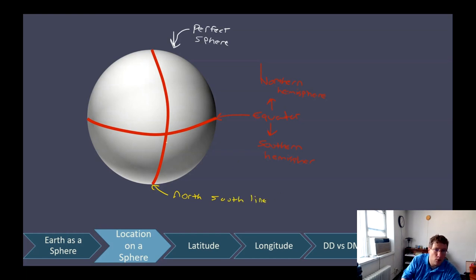We call this the prime meridian. Actually, for the sake of illustrative purposes, let me move this down a little bit. We have the prime meridian.